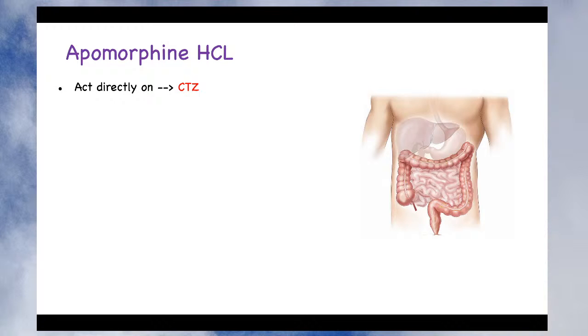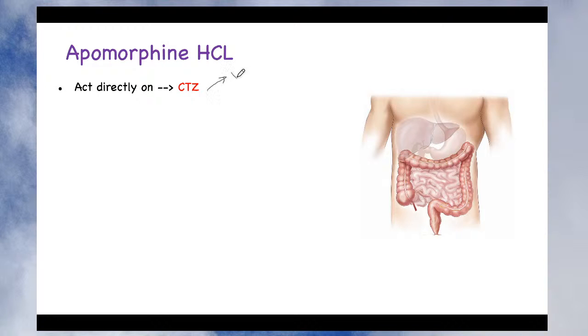vomiting action. Let's start with the first drug and look at it with reference to the different parameters I have mentioned. First, how it induces vomiting. It acts directly on the chemoreceptor triggering zone, and we know that any drug which activates the chemoreceptor triggering zone will also activate your vomiting center.